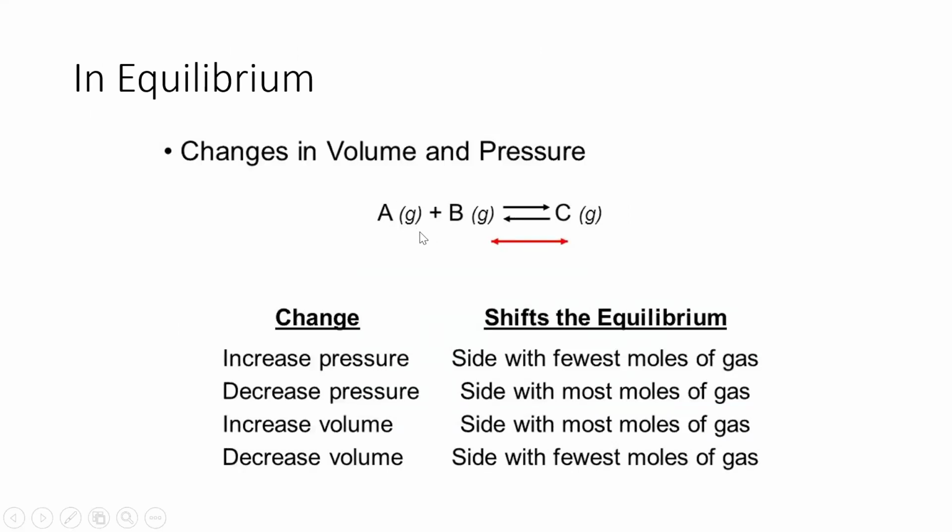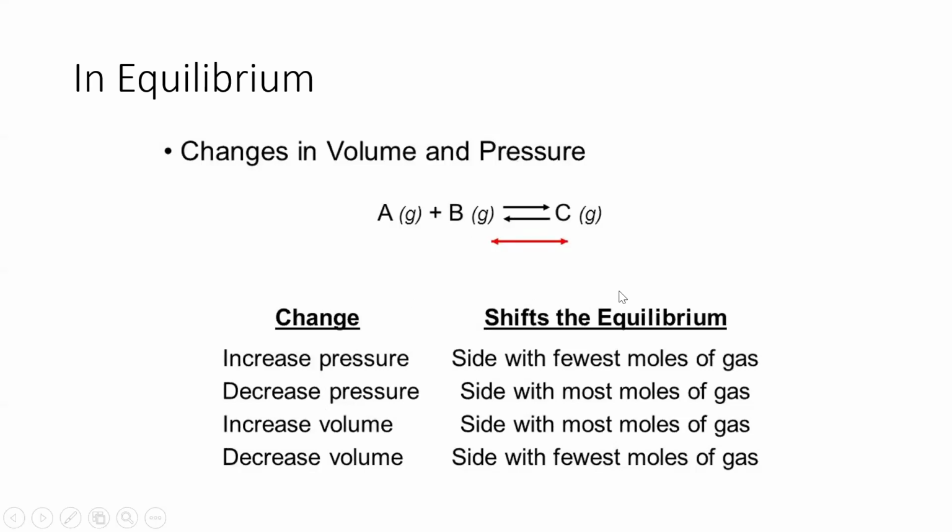Again, let's wrap it up. If I have a reaction and the number of moles of gases is unequal on both sides, like here I have 2 moles of gases in the reactant, 1 mole of gas in the product, when this situation happens, changing the pressure is going to change the equilibrium position.